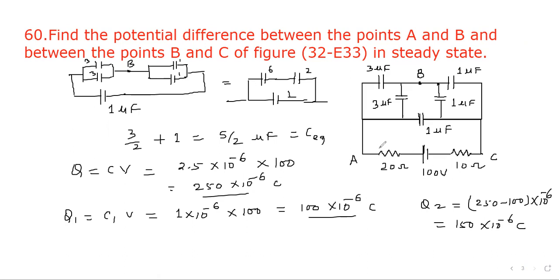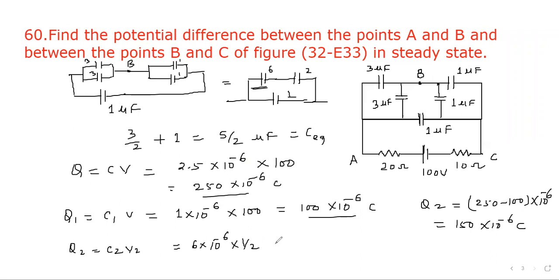Now, for this portion, we can find the charge. Suppose this is Q2. So it will be equal to C2 V2. We have to find the voltage for this. C2 is 6 into 10 to the power minus 6 into V2.